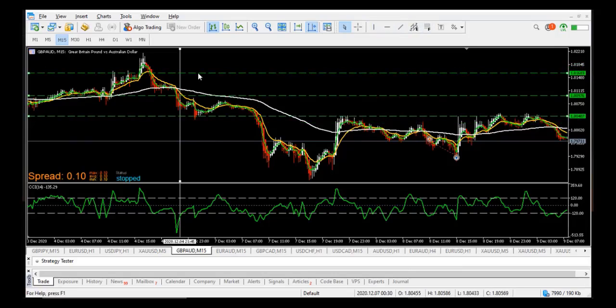Take note, when opening GBP USD pairs, I said 50 pips take profit and 50 pips trail stop, not stop loss.